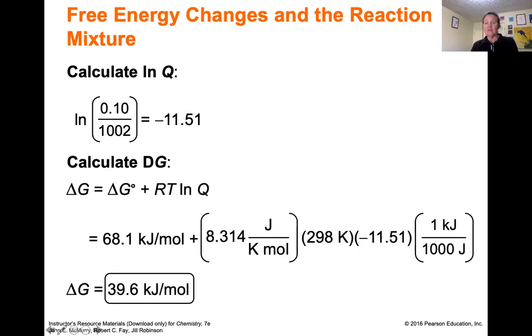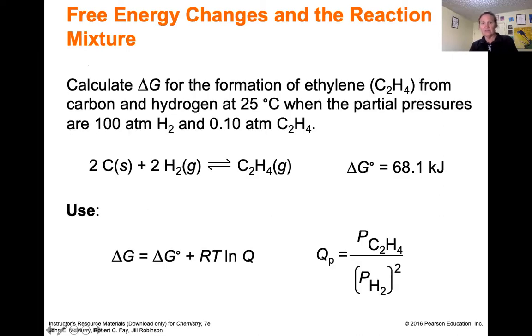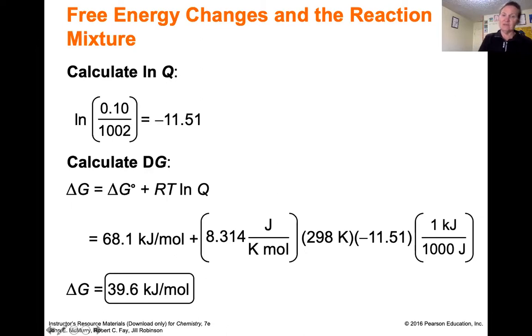So it's become less positive, like we knew it would from Le Chatelier's principle. So we've increased the pressure of the reactants, decreased the pressure of the products from the standard states of 1 atmosphere. And so it makes sense that it becomes more negative. It's going in the direction of becoming spontaneous forward.